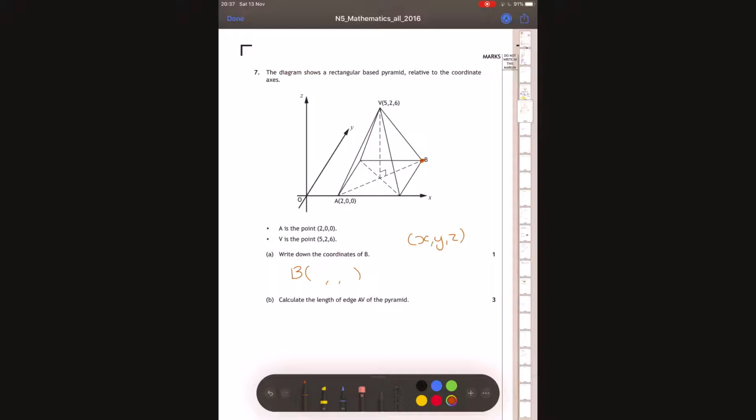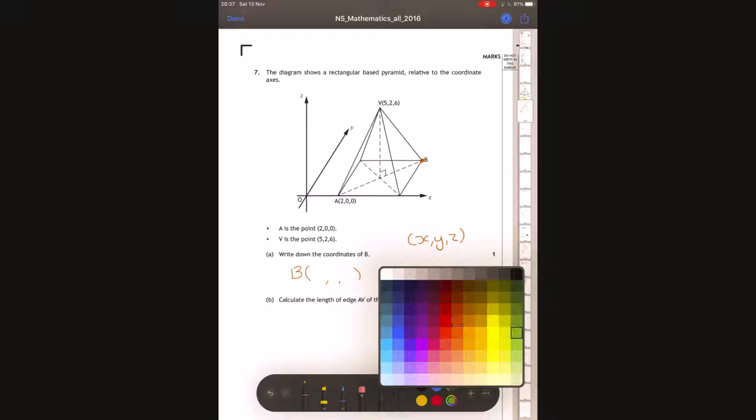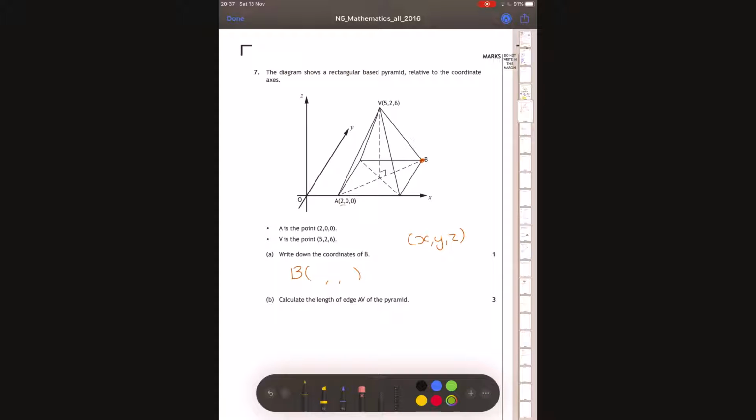What is the x value? Well, we know the x value of A is 2. So this point is 2, which means that this space in here is 2. Next thing, what's this length? If we look at the point V, if you can just envisage, that's coming down on the diagonal, so that splits this blue line in half.